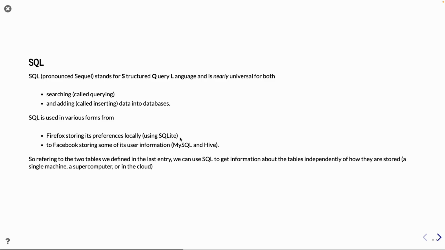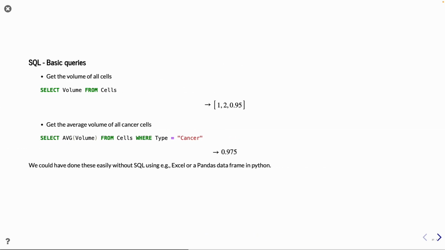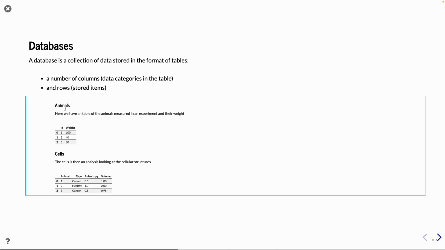And what it looks like is something like this. A very basic query is select volume from cells. And if you remember the table before, we had cells, and then I would select the column volume from this cell table.